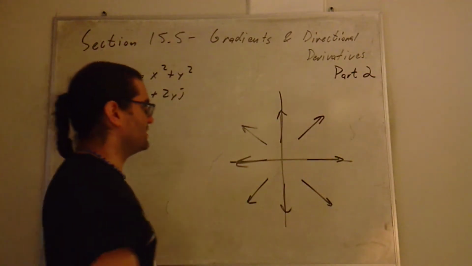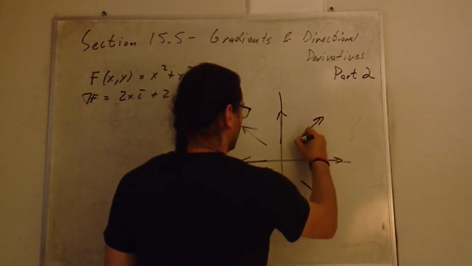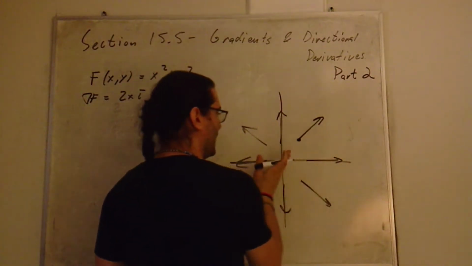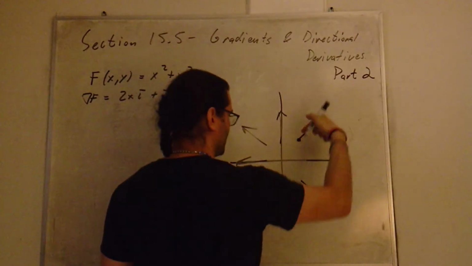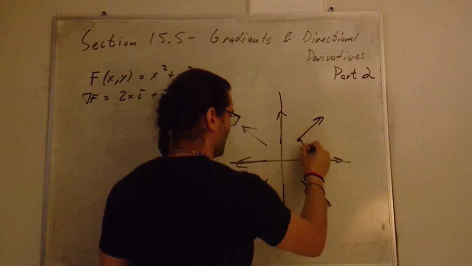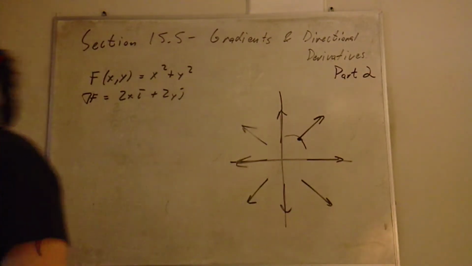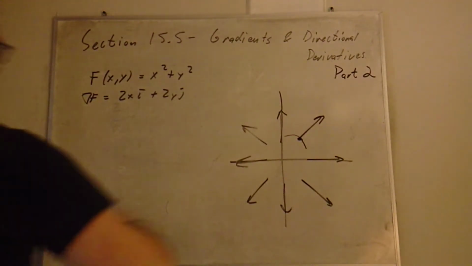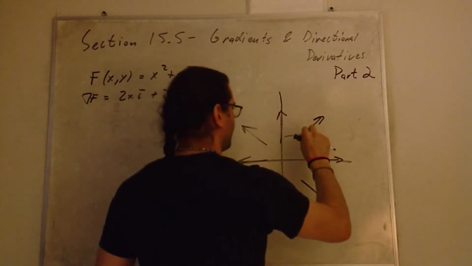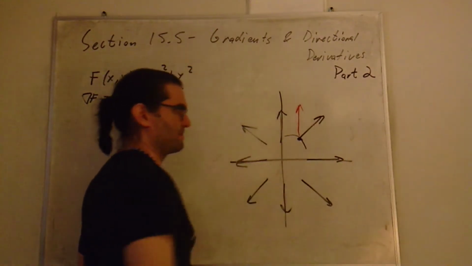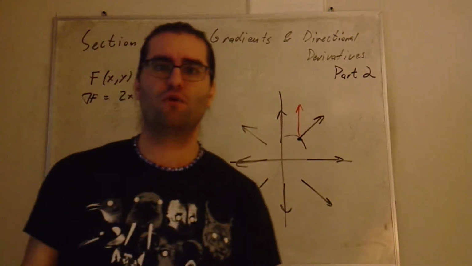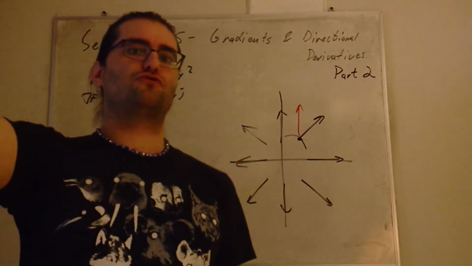But then the question is, if I'm standing here, I know that the steepest descent is this way, and that the steepest ascent is that way, and I know that if I go around, I'll have a level curve. What if I want to go this way? What if I want to go straight up?